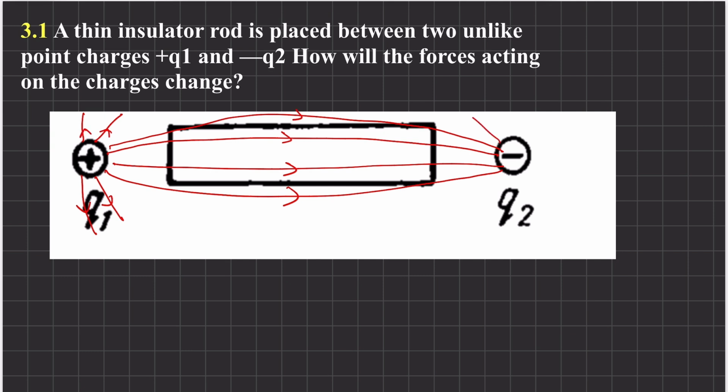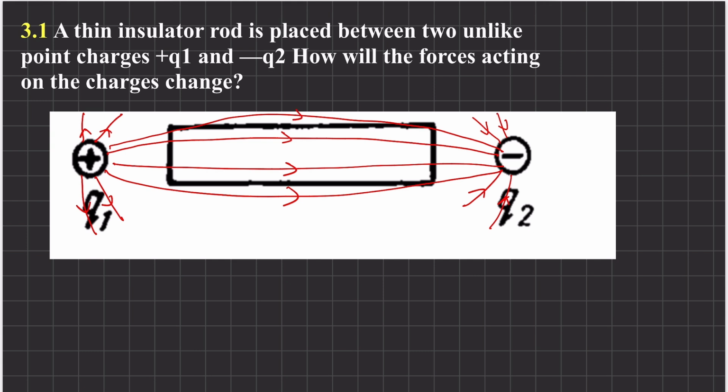This is the picture when this insulator is not there, then that would be the situation. Now when you bring this insulator between these two charges in the space, what is going to happen guys?